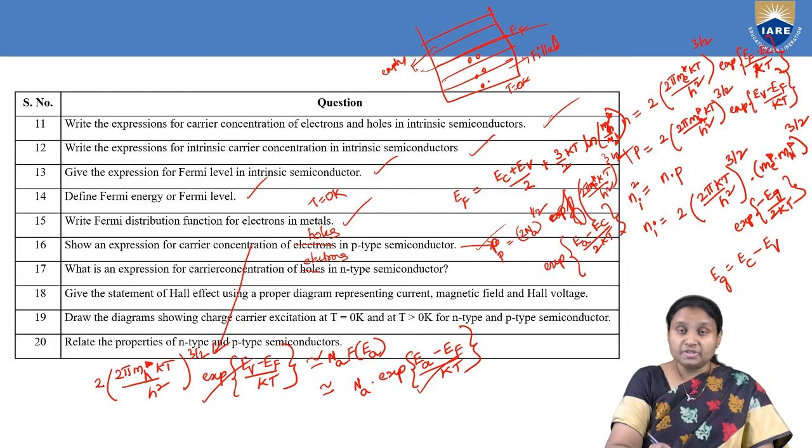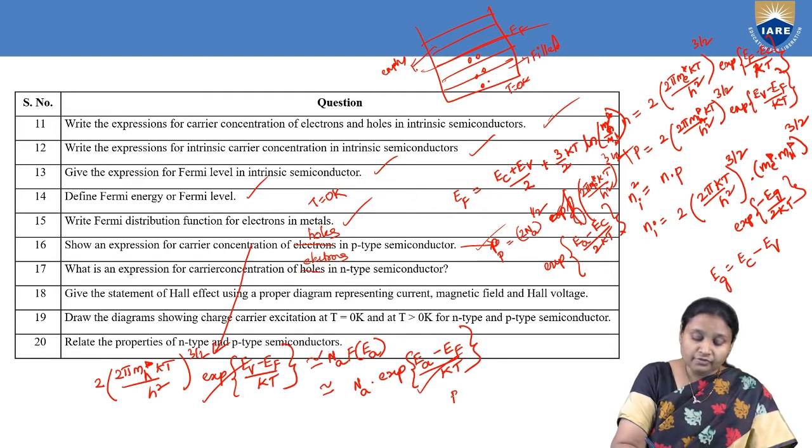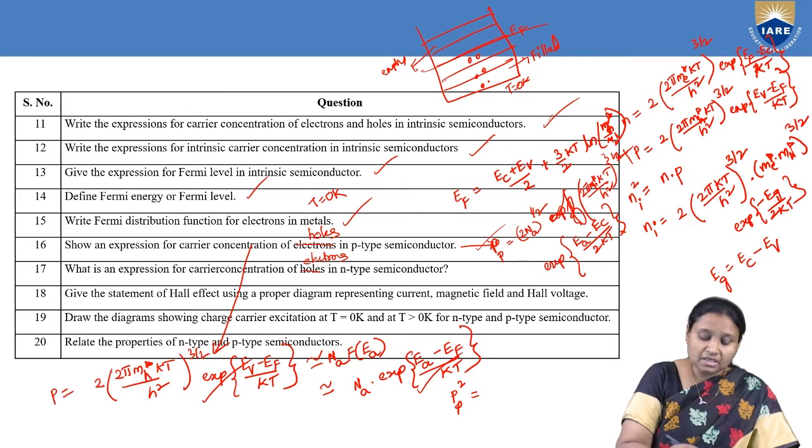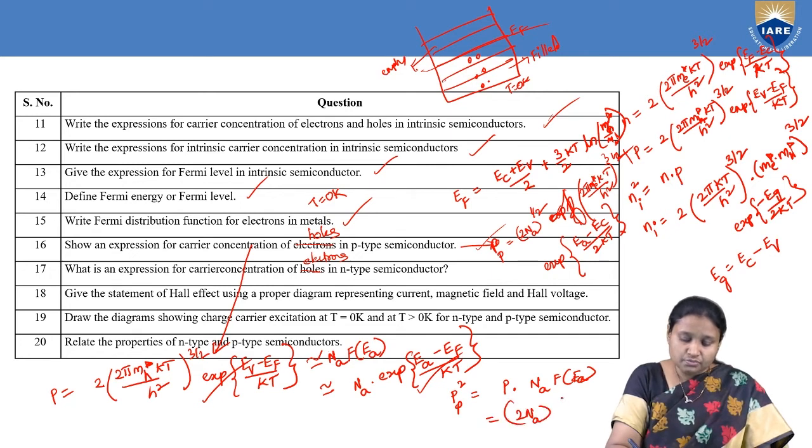And in order to get the expression for carrier concentration, that is holes in p-type semiconductor, we are going to multiply these two expressions. So if we multiply, then this p_p squared is nothing but, of course, this is p, and this is Na F of EA. Multiplying these two expressions, we end up having 2Na into (2πmh*kT/h²)^(3/2) exponential.